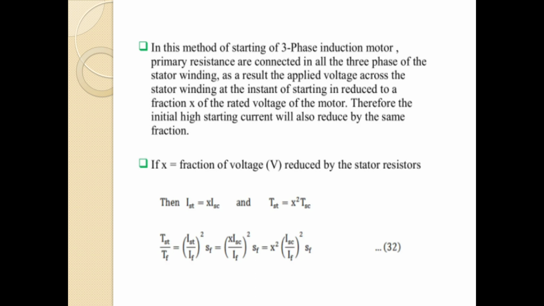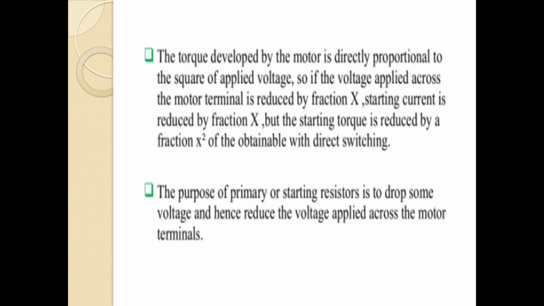And the formula of primary resistance starter is starting torque with a reactor starter divided by starting torque with direct switching. The reactor starting voltage is xV1 and direct switching is V1. Now finally, x square.